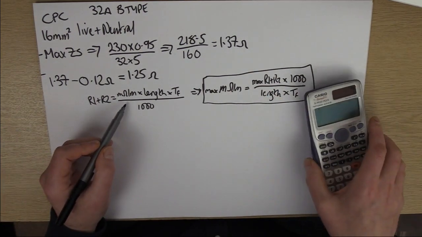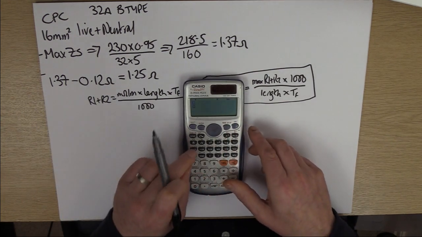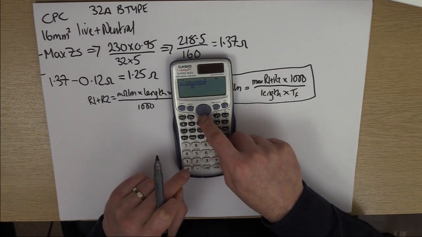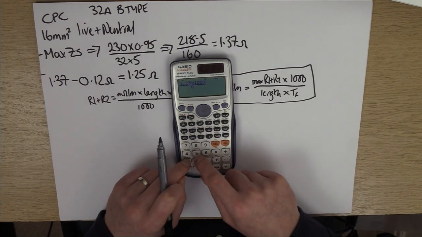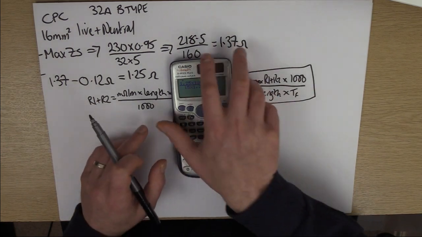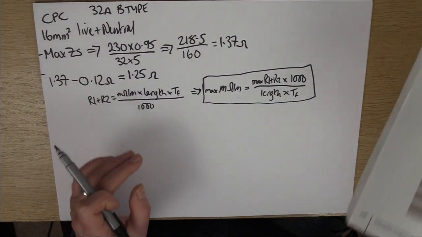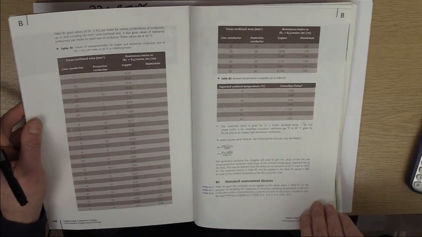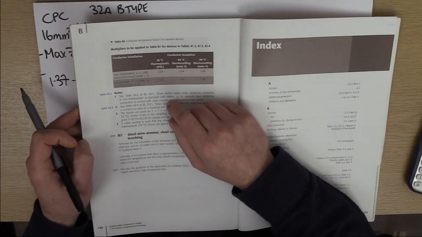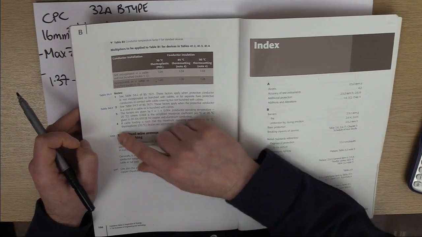So we know our maximum R1, R2, so 1.25 times 1000 over our length, which was 15 meters, times our temperature factor, which is going to be 1.2, but it's table B3 or I3, I think, in the On-Site Guide.